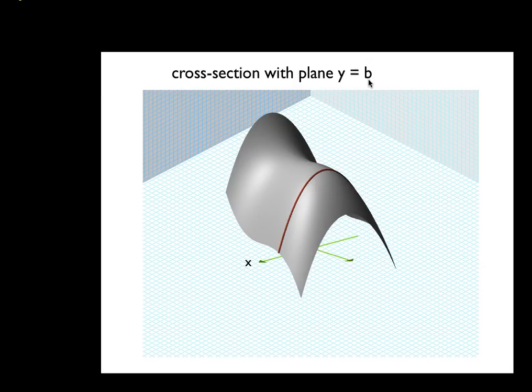So with that in mind, you have to ask, if I take the derivative with respect to x for the points that make this curve, where z is a function of x on this red curve, it's just like you learned in Calc 1: the geometric interpretation of the derivative is the slope of a tangent line.